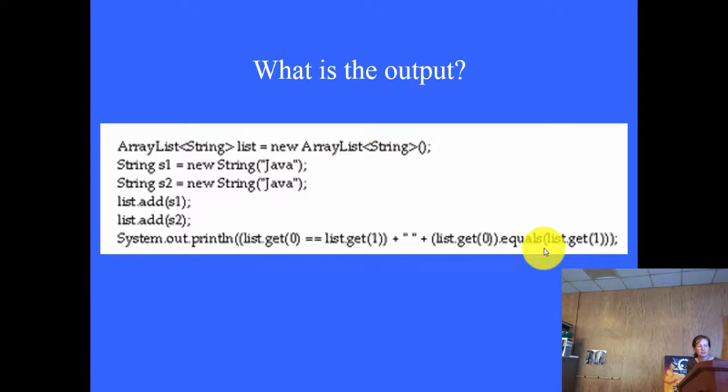Remember that your output to a Boolean statement is true or false. So this output here will be true or false, and then this output here will be true or false, right? Because those are Boolean statements. So in other words, are they ==, and then are they equals? Remember, == is checking references, right?